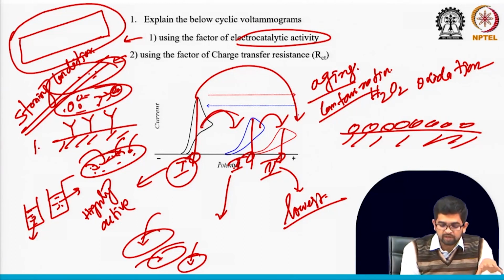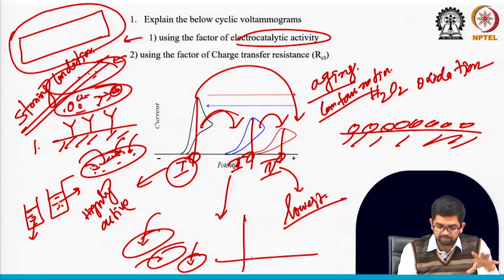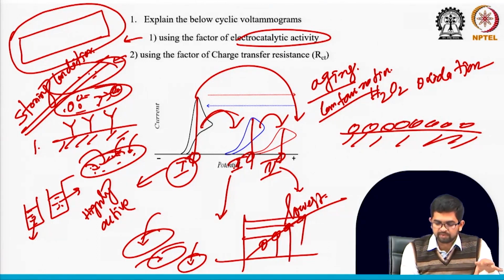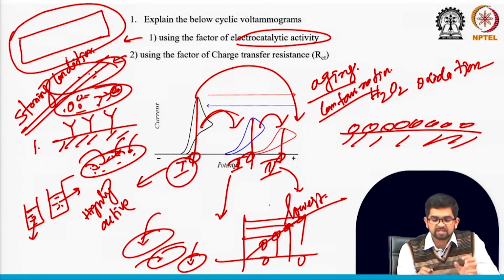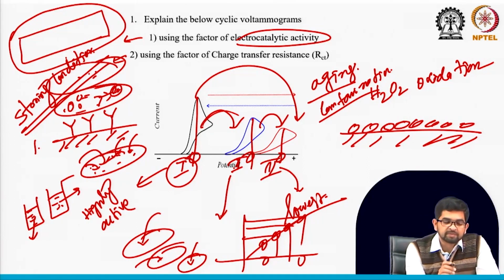Suppose you already made a calibration curve, right? For that calibration curve you got some current for some concentrations, and from the unknown sample you want to predict the unknown concentration. But if somehow your surface is not stable, then you will be misguided; you can't measure how much target concentration is actually present in the real sample. So your sensor should not change its catalytic property.